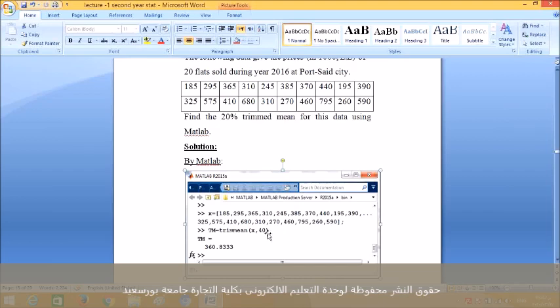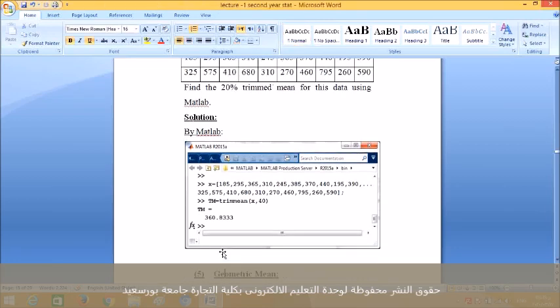So 40 is the summation of the omitted percent you want for the two sides of the data set. Here the trimmed mean is approximately 360.83.